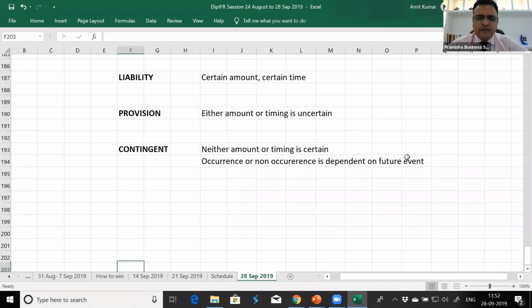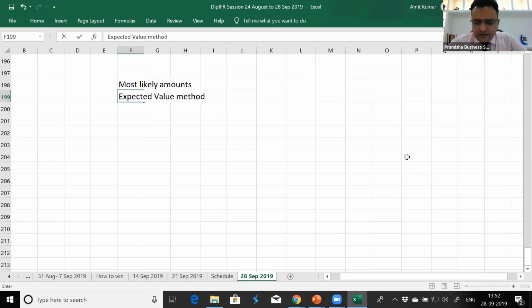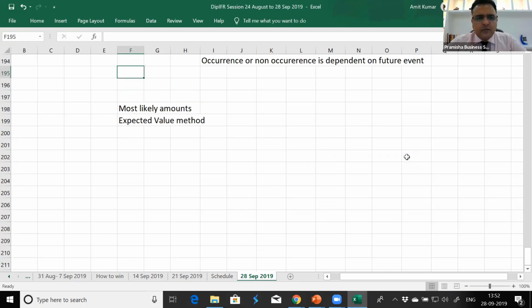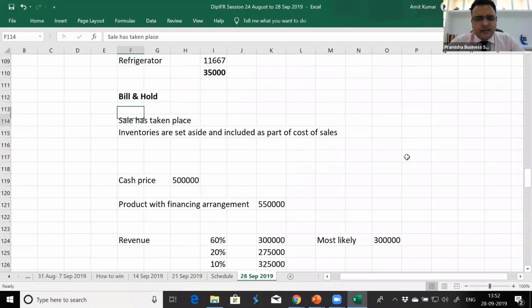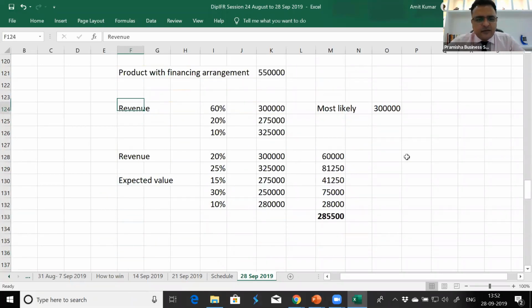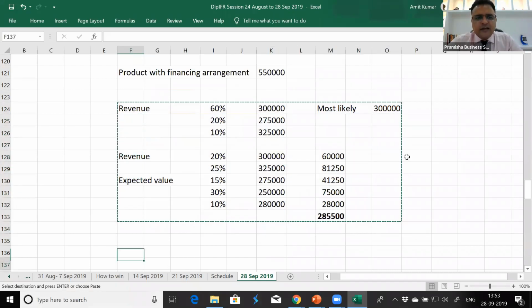And how do we create provision? We create provision on the basis of most likely amount and expected value method. Most likely, as I discussed, the same thing I can use in terms of creating a liability now.